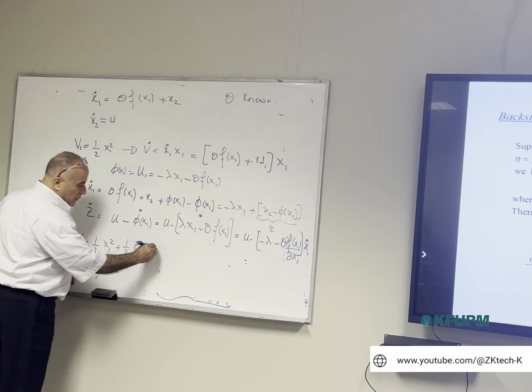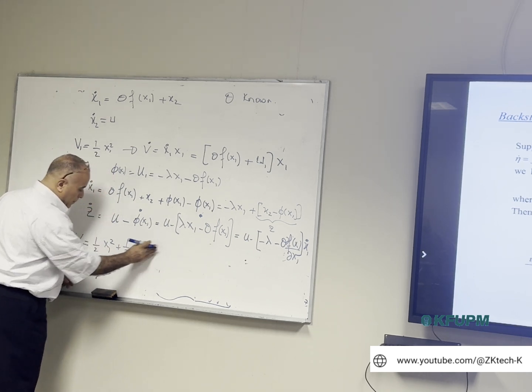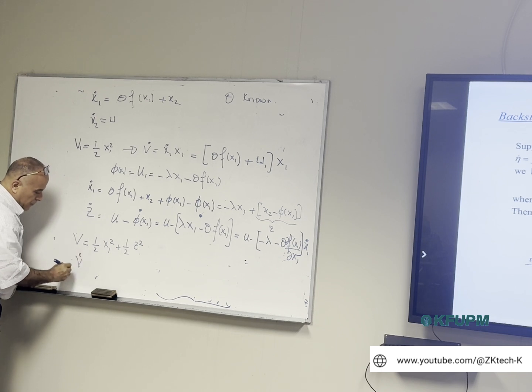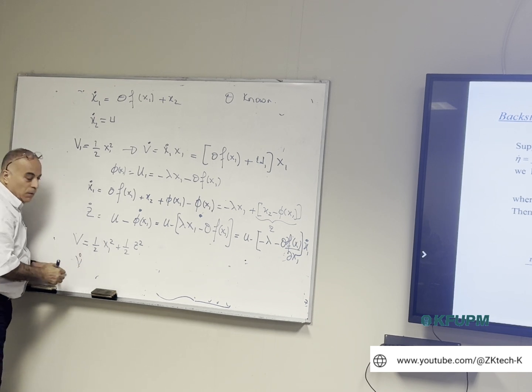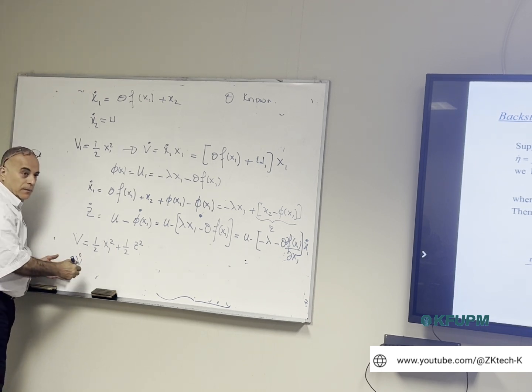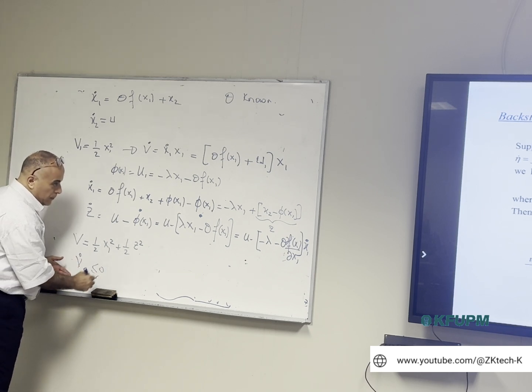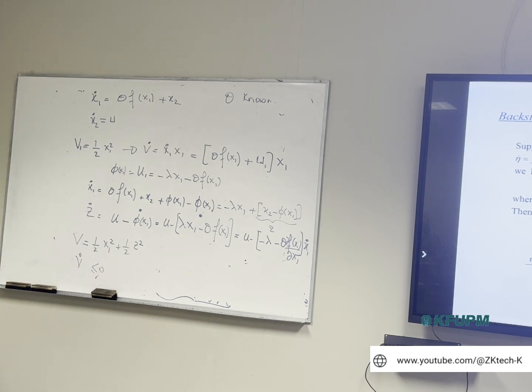We take the derivative, V prime, and we select the value of u that makes this V prime negative. So the rest is manipulation, math, to find what should be the value of u. Yes. Everybody agrees with this?